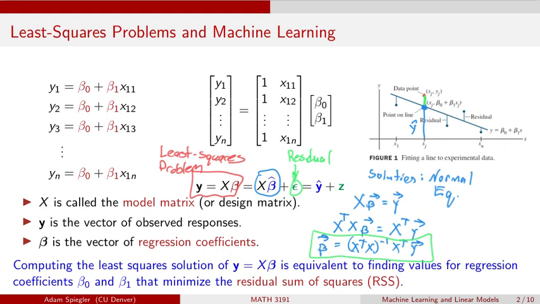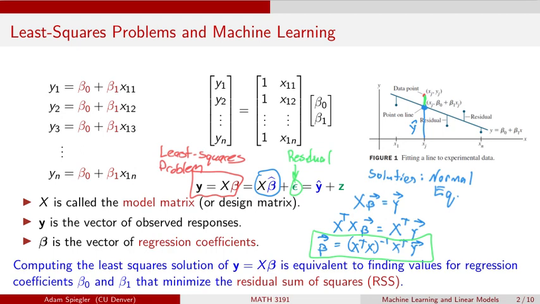And this sum of the squared values of all of the residuals we call the residual sum of squares. This gets denoted with an RSS, and this is one of the fundamental things that we need to consider when we're constructing models and doing regression analysis.